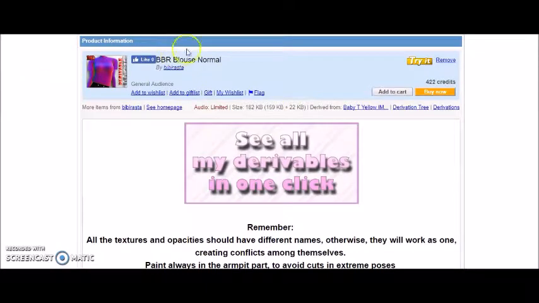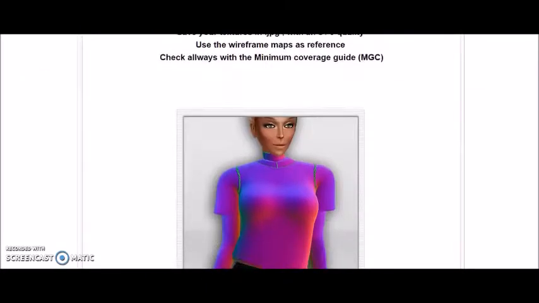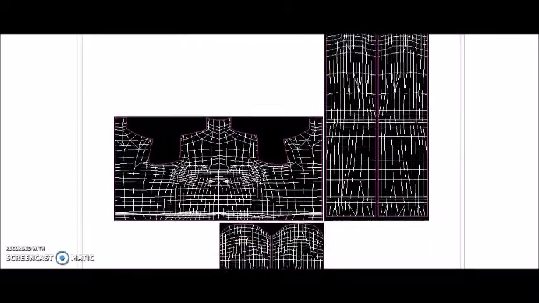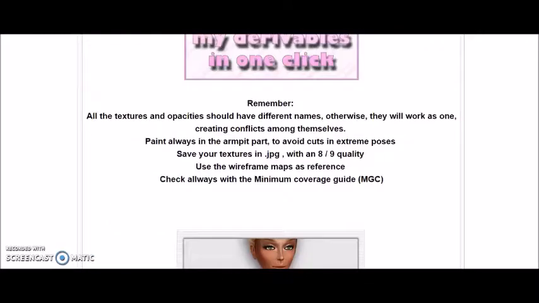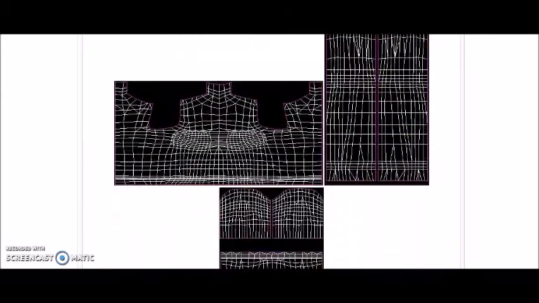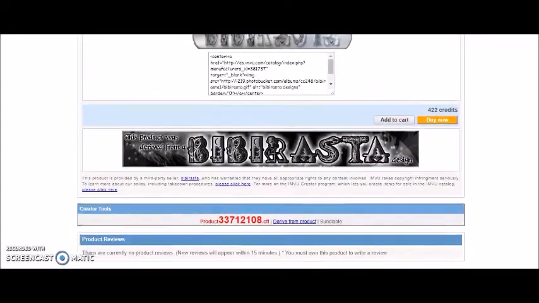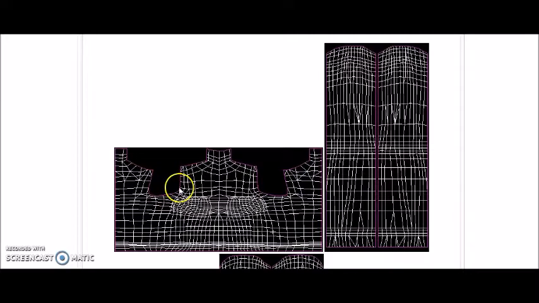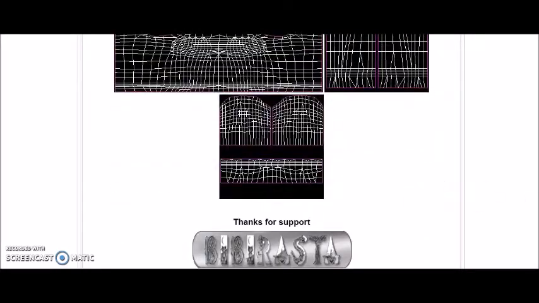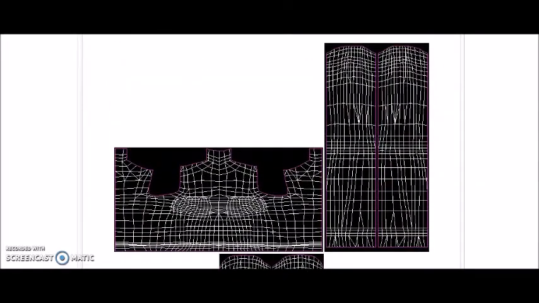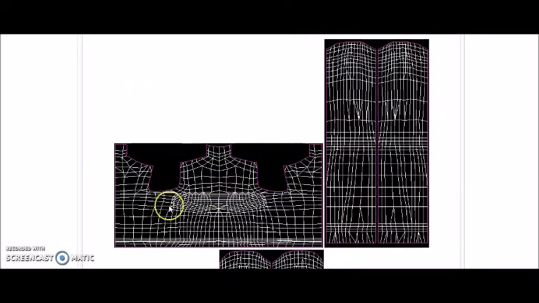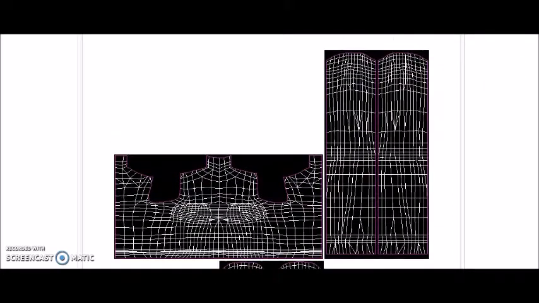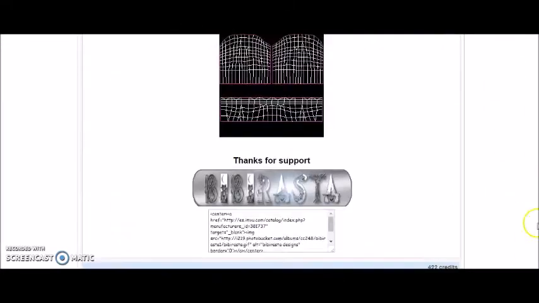You want to find them with straight derivables, and you want them to have templates or the mesh in the description. Okay, so they have the mesh here, and we're going to copy and save all of these. Now I will say, foreshadowing, that we are only going to use this one, but if you were to make a different style, I would use these as well.